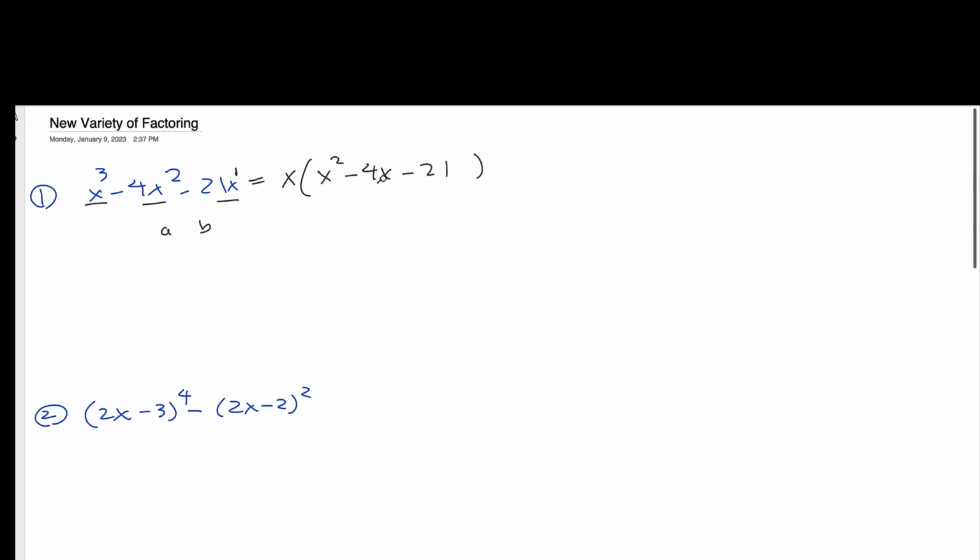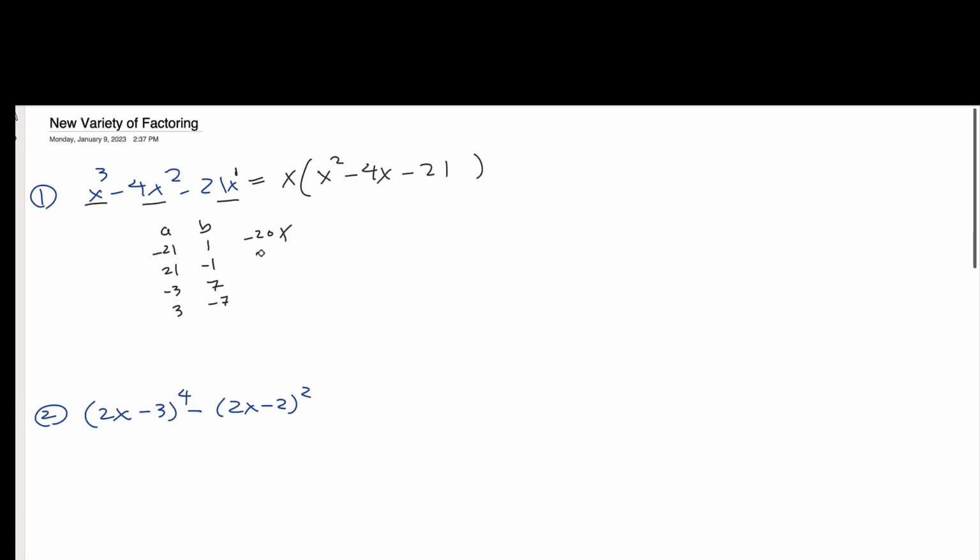So a can be, let's see here, negative 21 and 1, or positive 21 and negative 1, or it could be negative 3 and 7, or 3 and negative 7. Let's see which one of these rows add up to negative 4, which is supposed to be the sum. First one adds up to negative 20, not good.